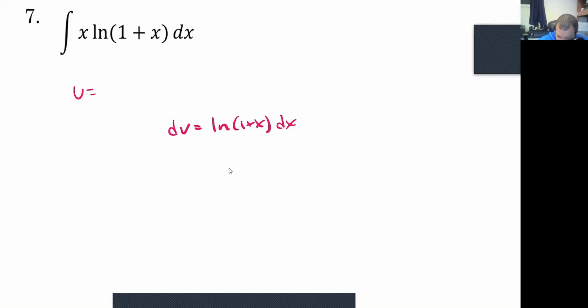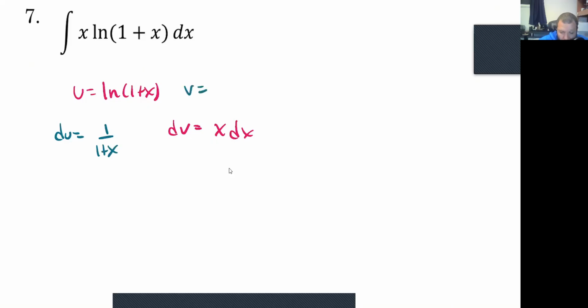So then second plan might be, okay, well then let's let u equal the natural log of 1 plus x, which means dv would be x dx. Now we have the nice little benefit that taking the derivative of natural log of 1 plus x is relatively easy. It's 1 over 1 plus x. Taking the antiderivative of x dx is going to be x squared over 2.